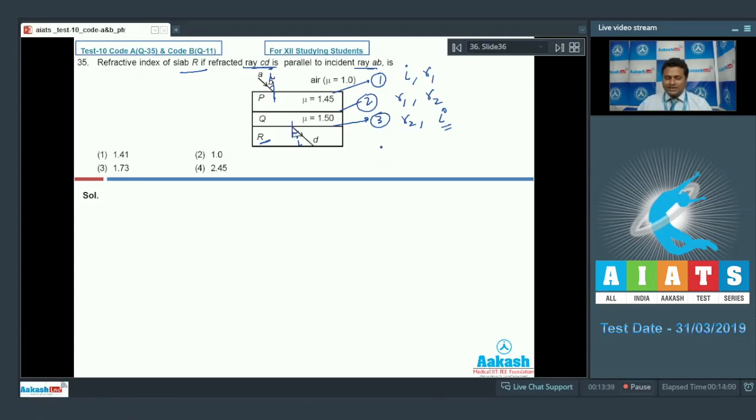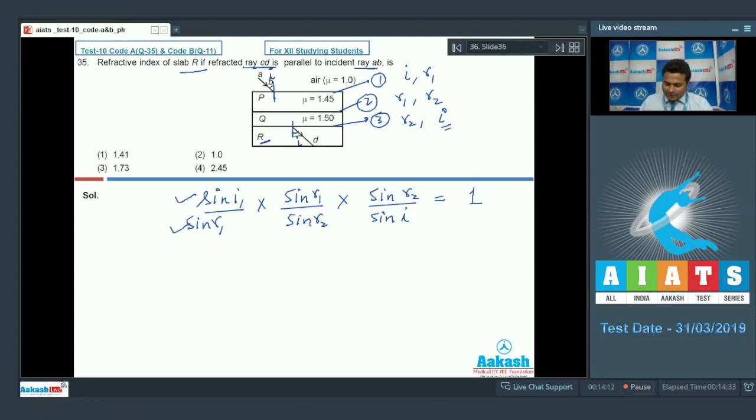Now let us apply Snell's law for all these three and multiply all these three equations, we finally get sine i upon sine r1 multiplied by sine r1 upon sine r2 multiplied by sine r2 upon sine of final angle, that is i. If you do this, we will get 1.